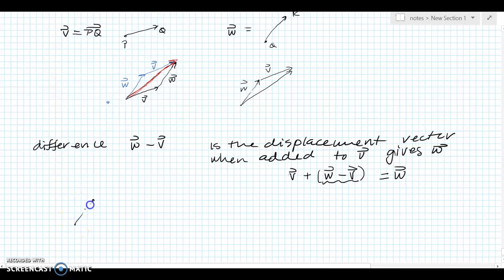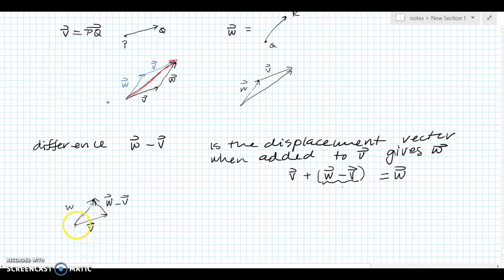Here's V. And when I add my displacement to V, I get W. So this is W minus V right here.